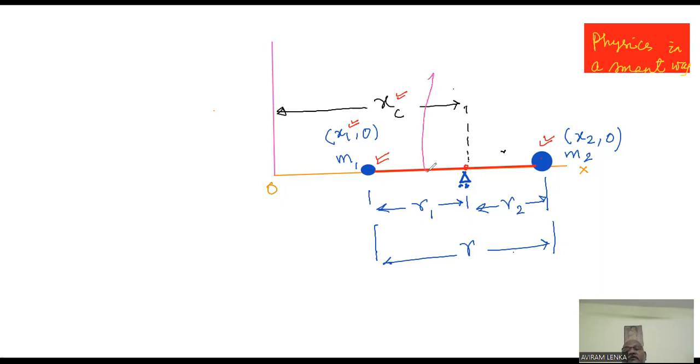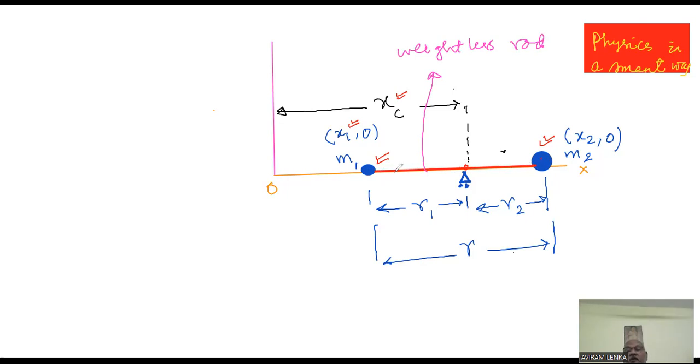This thing is weightless, massless, whatever you can say, a weightless rod or weightless bar. So thereby, we assume the two masses to be connected.